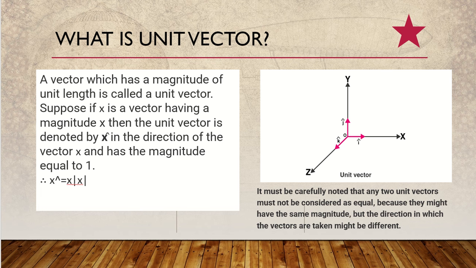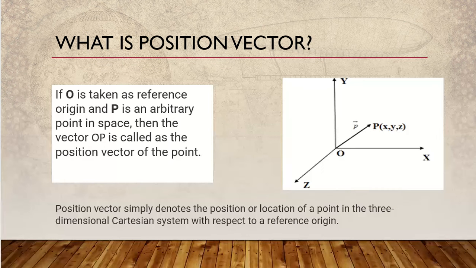Now let us move to the next vector, that is the position vector. What is a position vector? If O is taken as the origin and P is an arbitrary point in space, then the vector OP is called the position vector of the point P. Here you can observe the diagram.